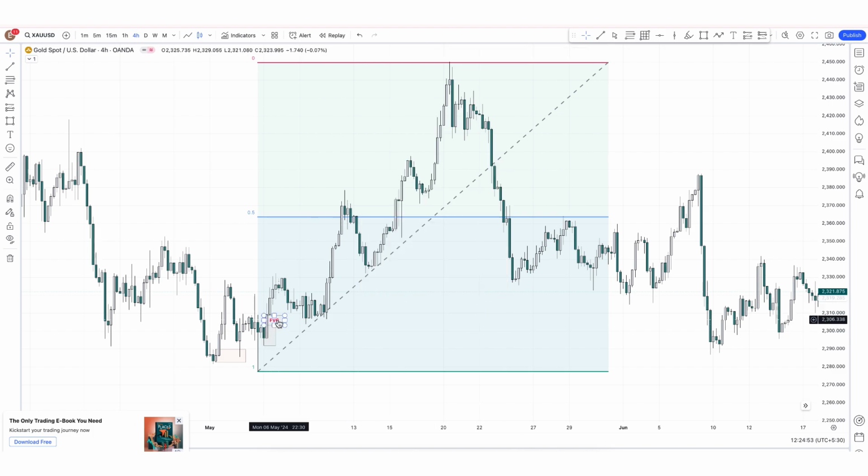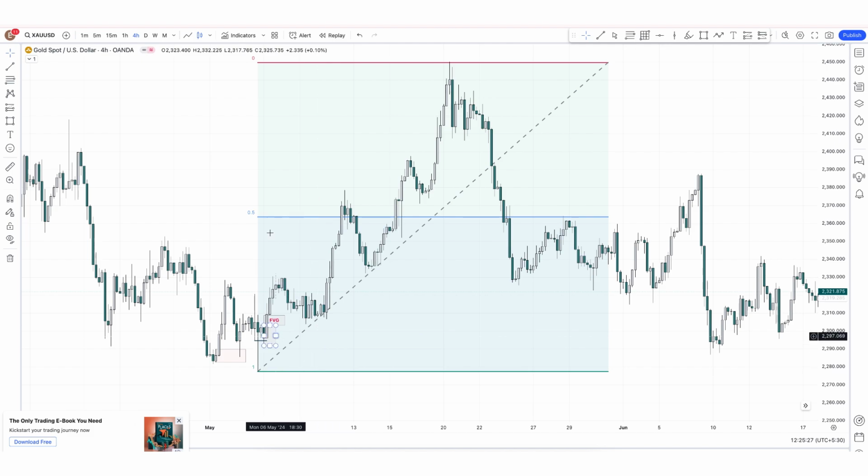Below the fair value gap we see the last buying candle, and this is high probability if it is not mitigated. One more thing we check is whether it has a liquidity sweep, a sweep of the previous candle. This makes the order block a high probability order block.